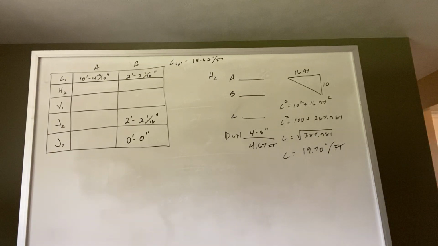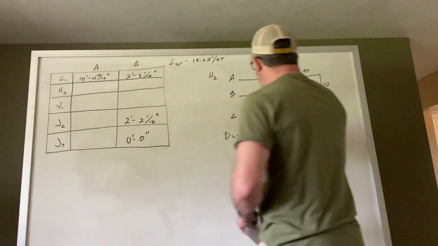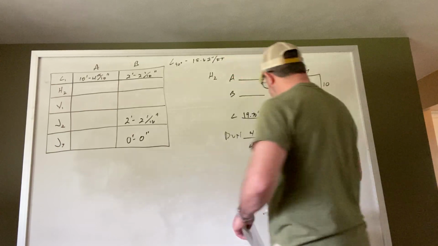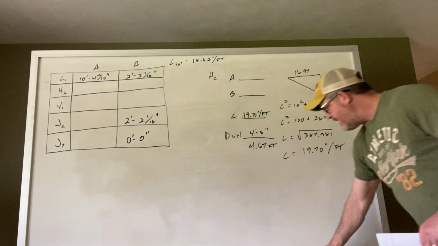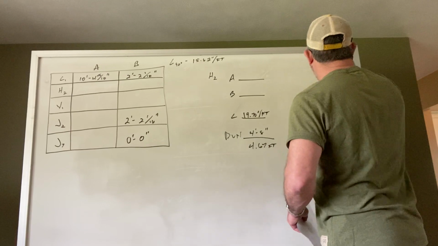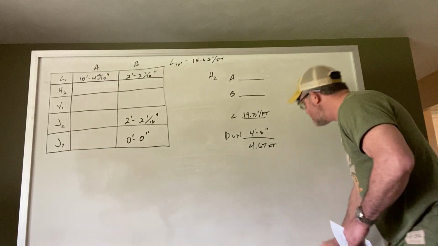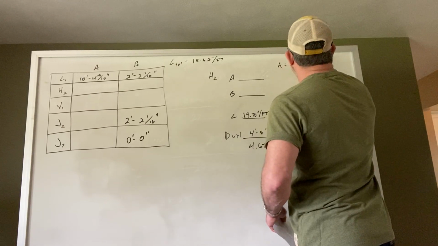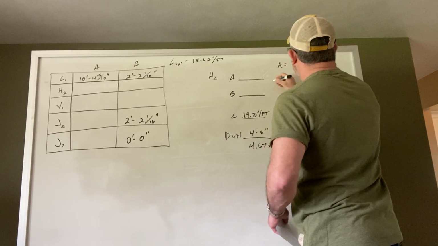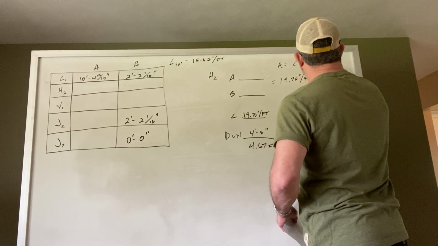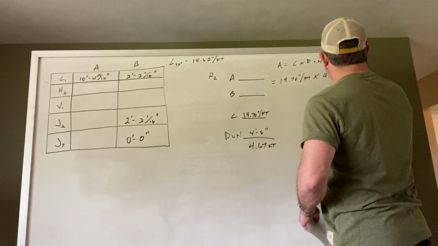Okay, 19.70 inches per foot. So I put that right there, 19.70 inches per foot. Okay, so now again, math doesn't change. A equals C times run, B equals C times overhang in feet. So A equals C times run, that equals my 19.70 inches per foot times my 4.67 feet.